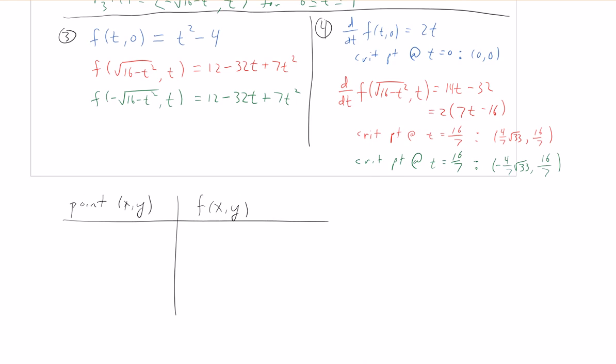So the first point we found, back up in step 1, we found this interior critical point, 0, 2. And if we plug that into the function, we'll get negative 36. For our first point on the boundary, for the bottom, we got 0, 0 as a critical point when we parameterized that bottom segment. If we plug that in, we get negative 4.